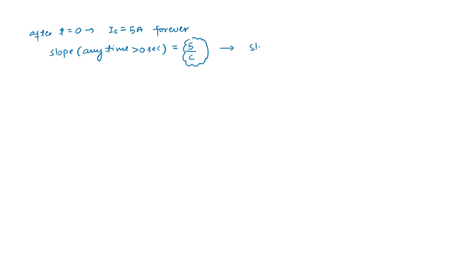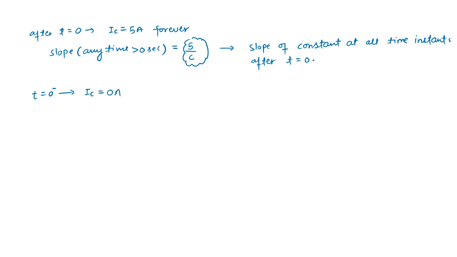Here we are seeing the slope is constant at all time instants after t equal to 0. What to speak of t equal to 0 minus? Here what is the current? IC equal to 0 ampere.